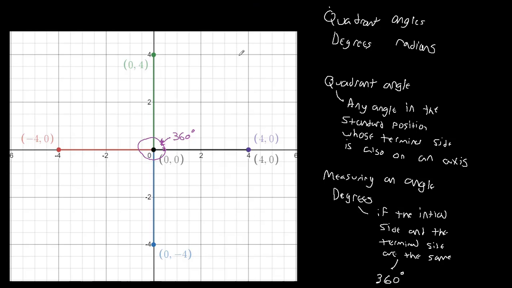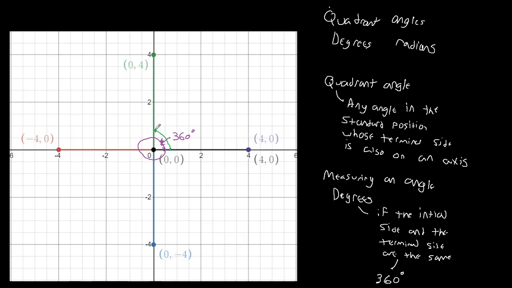So let's break that down by talking about some of the other quadrant angles. And again, these are just important because they're useful benchmarks. So if we define this as being the same as this, it's 360 degrees. Well, what happens if we go from the initial axis here to the terminal side being here on the positive y-axis? What does this mean?